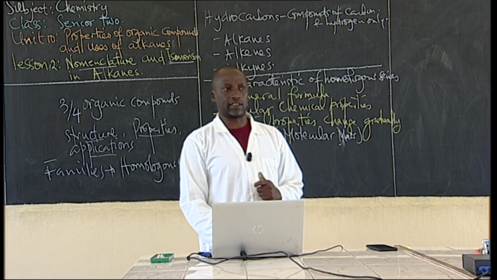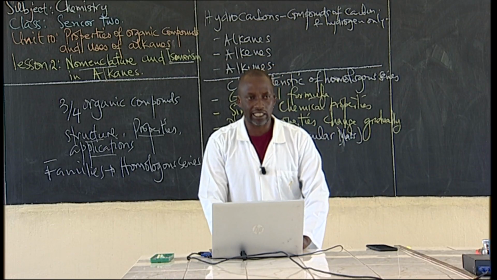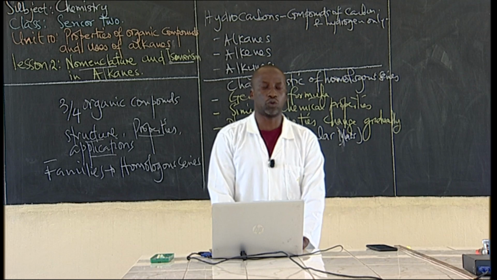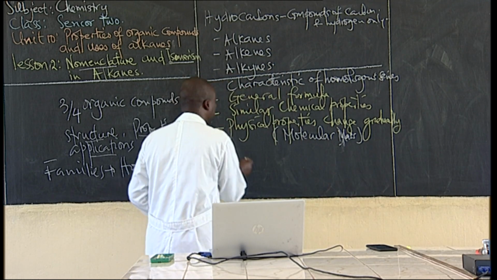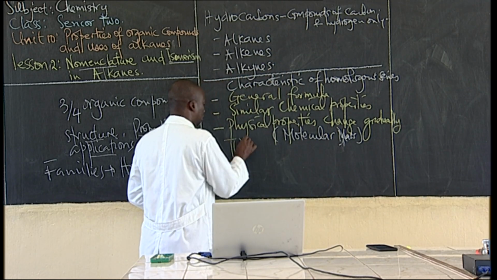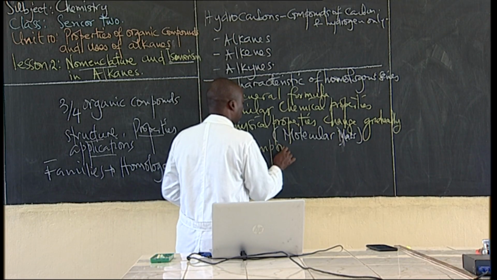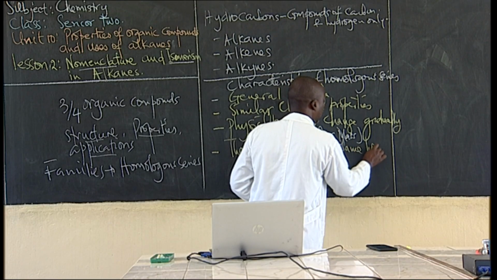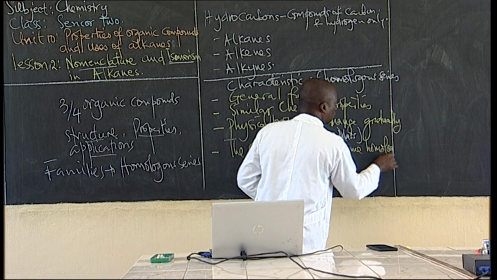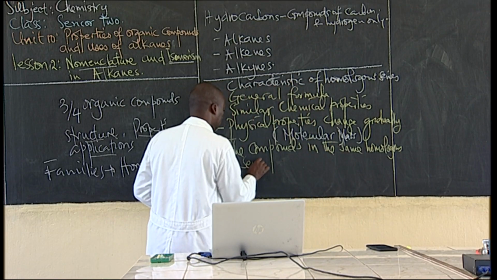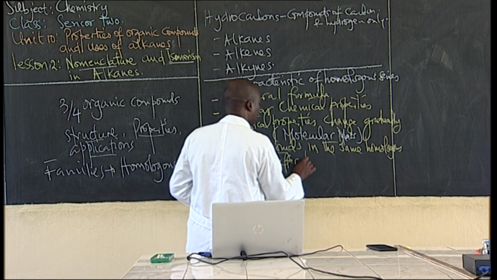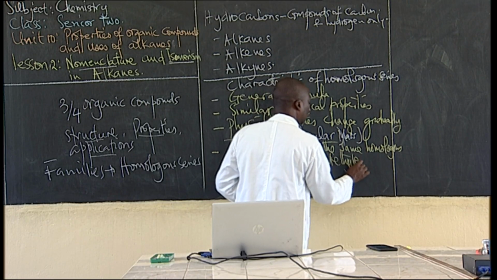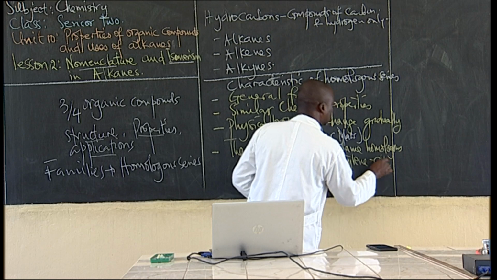And for the alkanes, any two adjacent members of the homologous series differ by the CH2 group. So the compounds in the same homologous series differ by a methylene group, which is CH2.